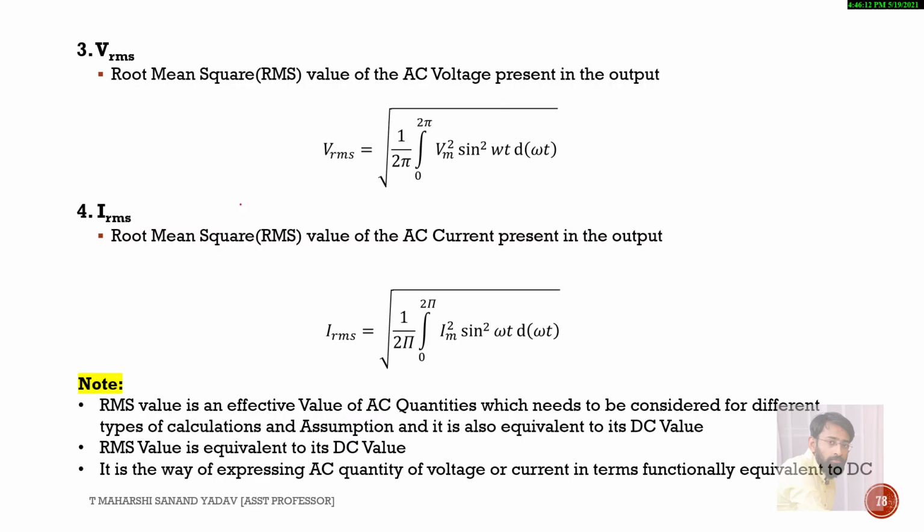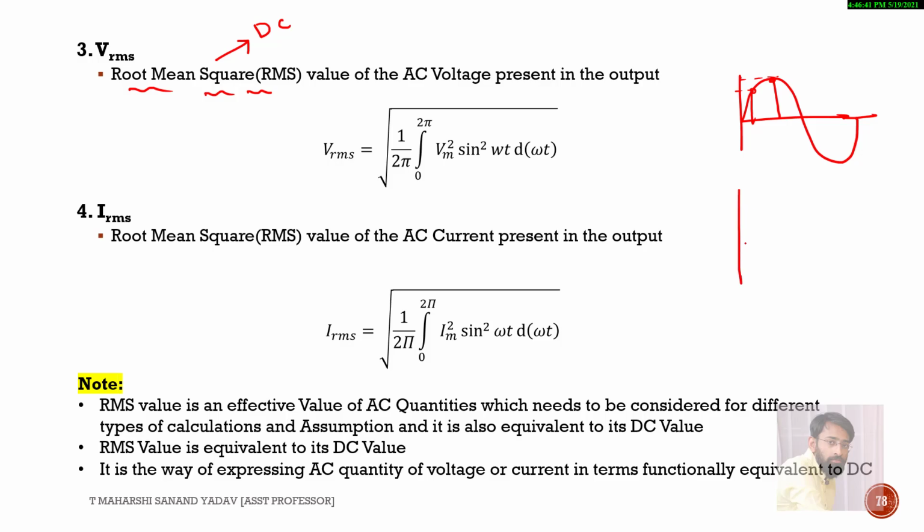Coming to next, VRMS. Here RMS stands for root mean square value. Why we need to take root mean square value: suppose I take one AC quantity like this, if I want to find the value at this particular point, it will be different. If I calculate at this point, it will be different. So in order to overcome this discrepancy, we go for RMS value, which is almost equivalent to DC.